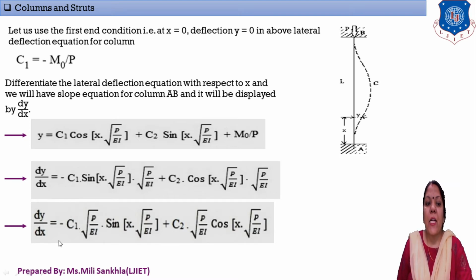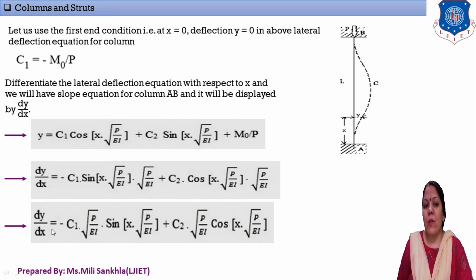Now next, dy/dx = -C1 √(P/EI) sin(x√(P/EI)) + C2 √(P/EI) cos(x√(P/EI)). Okay guys, at this point A, the value of x is 0, then the slope dy/dx is 0, and our deflection is also 0.